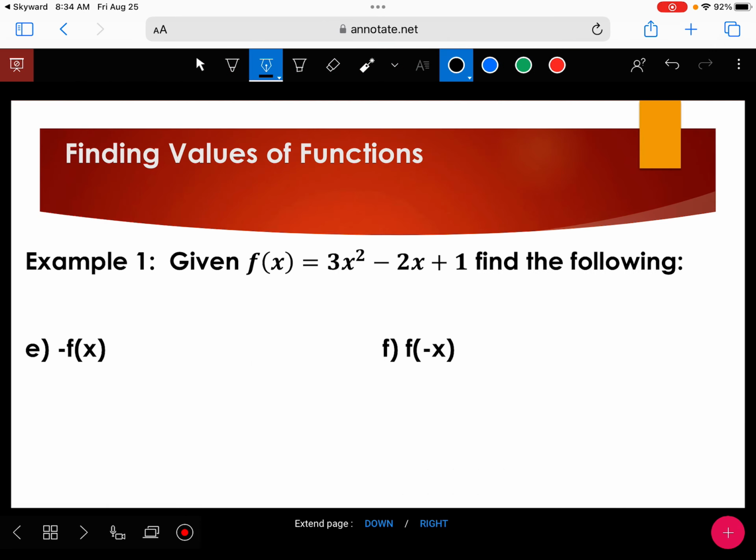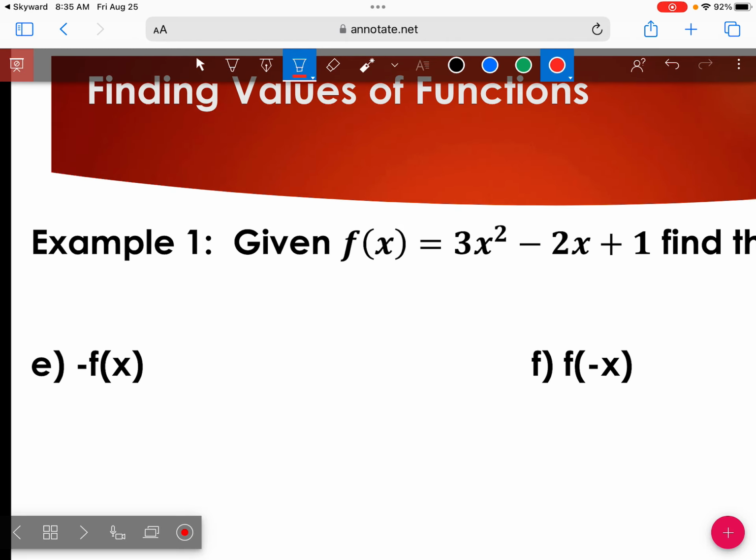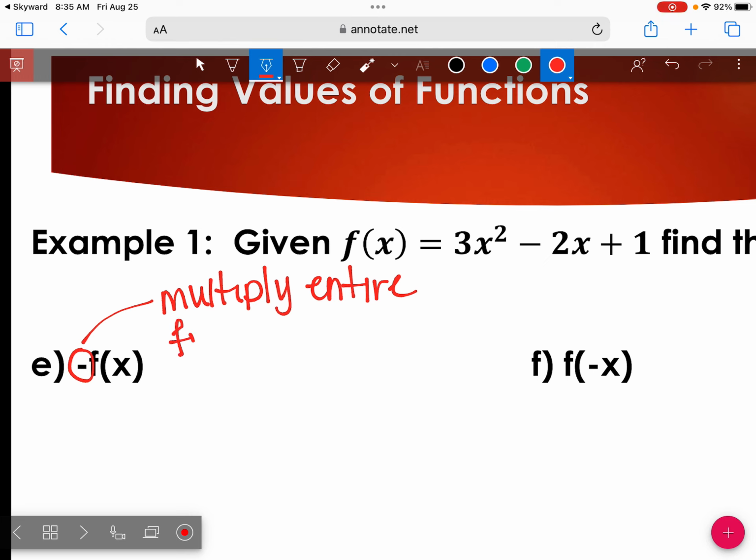Last two. So it's only to F. So let's talk about the difference between these two questions because they look close, they look similar, but they're different. Where I put that negative makes a difference. When I put the negative in front of the function, what this is telling me to do is just multiply the entire function by negative 1.